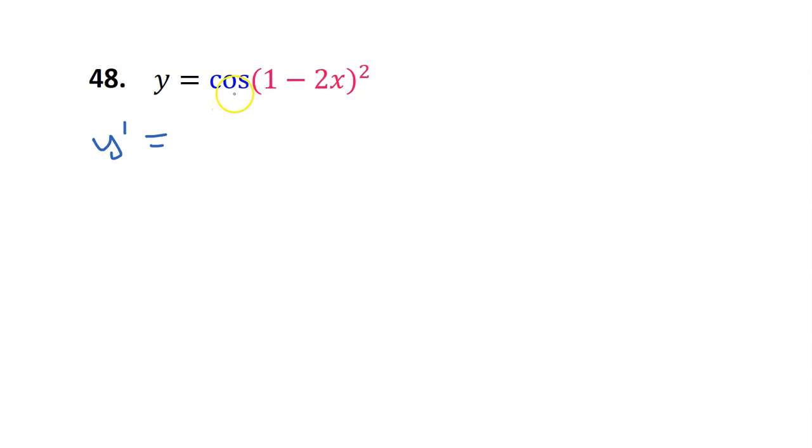The derivative of cosine is negative sine. So I will write negative sine, and then I will leave the inner part the same. So I have my negative sine, and then 1 minus 2x squared. But then I need to multiply by the derivative of the inner part.